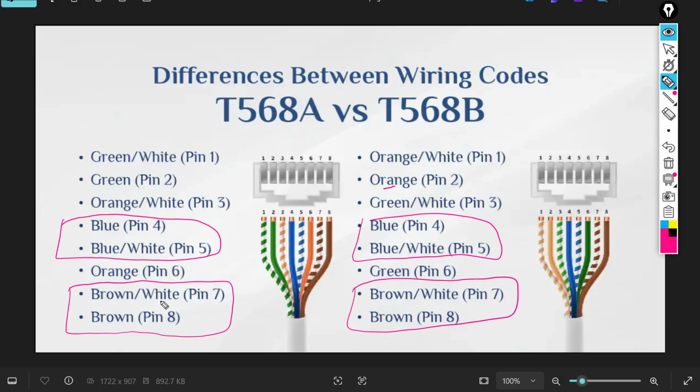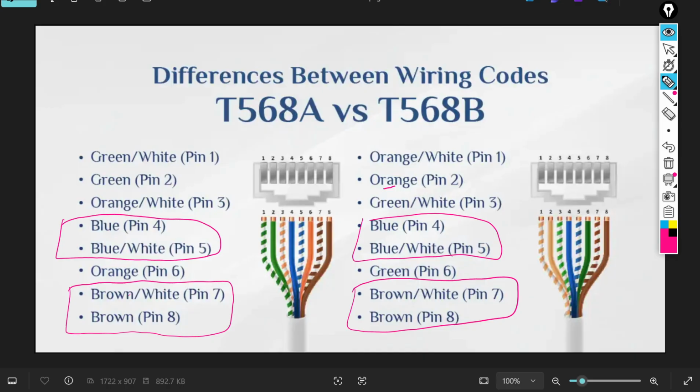Blue and brown, white brown: these are dummy. These no need, okay? These four pins cannot carry the data.